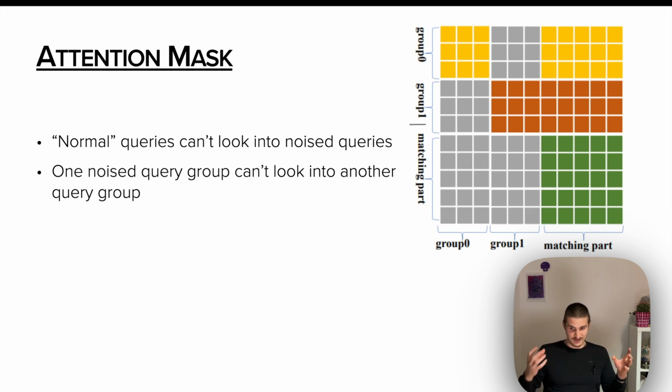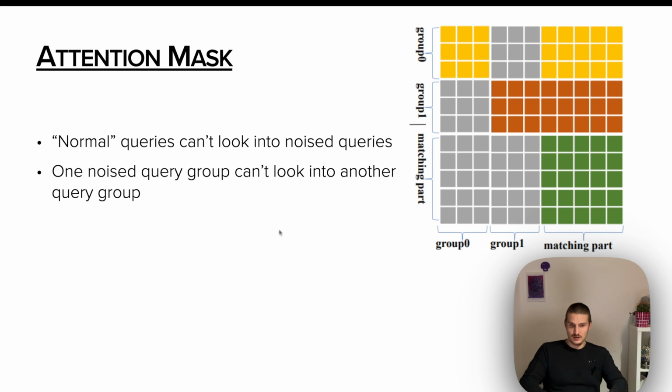Similarly, we can't have different denoising groups looking at each other, because the task of denoising group number 1, for example, is to get some noised version of the object and then to remove the noise. But if you see a different noised version of the object, it just makes the task easier, right? So if you have like 5 groups, you can just average out and maybe get a pretty good understanding of what is noise and what isn't noise.